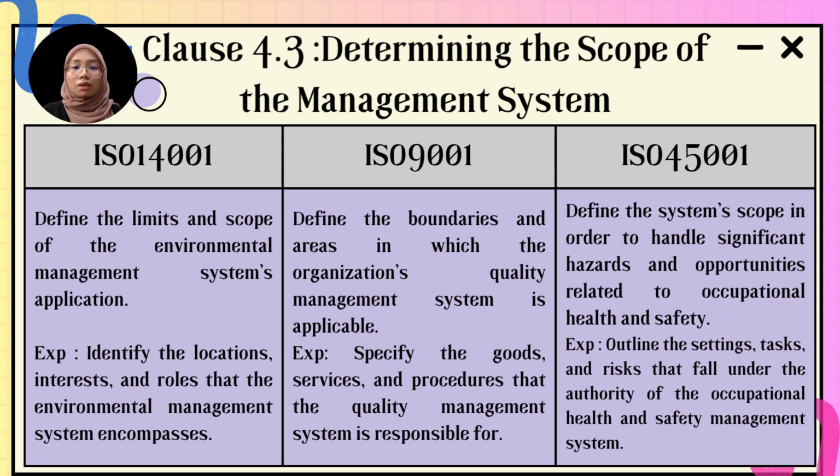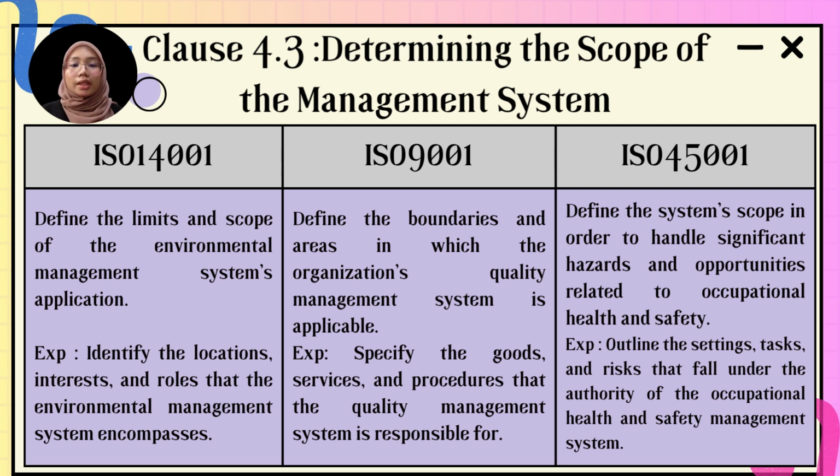For ISO 9001, it defined the boundaries and areas in which the organization's quality management system is applicable. For example, organizations can specify the goods or products, services, and procedures that the quality management system is actually responsible for. And lastly, ISO 45001.